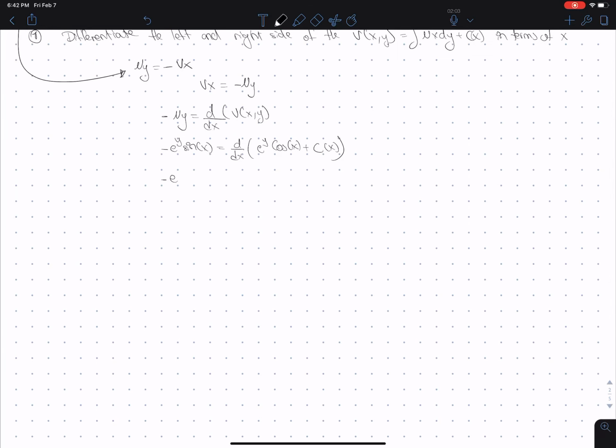Therefore, negative e to the y sine of x is going to be equal to, in terms of x, the derivative of cosine, which is negative e to the y sine of x plus c prime, because it's the derivative of c of x.